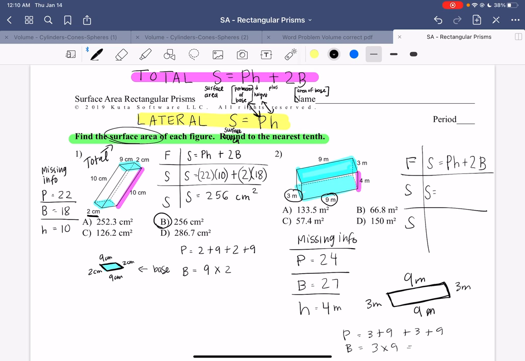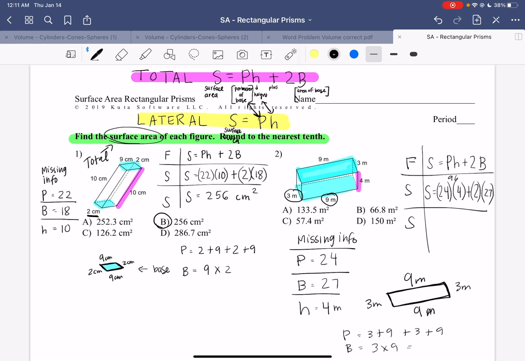So substitution, we found our 24. So 24 times our height, which was 4, plus 2 times area of our base, which was 27. Running out of room here. So then we can do our math. 24 times 4 is 96.